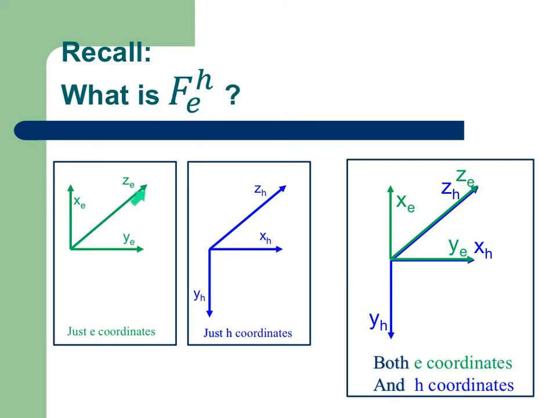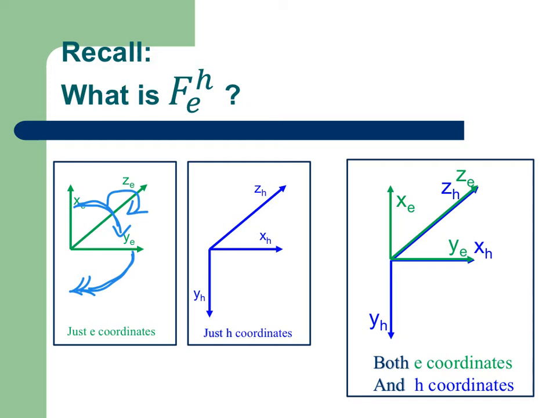So we look at this and we notice that the z-axis of both frames lines up, and so we said, well, to transform the E frame into the H frame, we need to do a positive rotation around the z-axis, which will make the x-axis go down here and the y-axis turn around there, so that we end up having what looks like H coordinates over there.